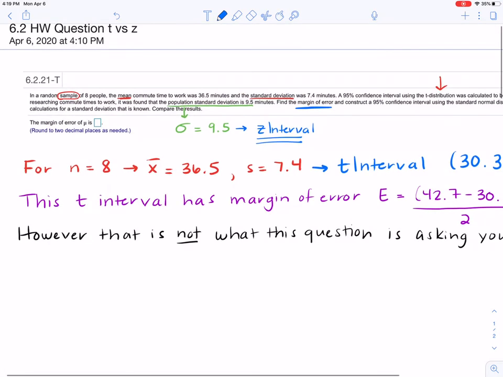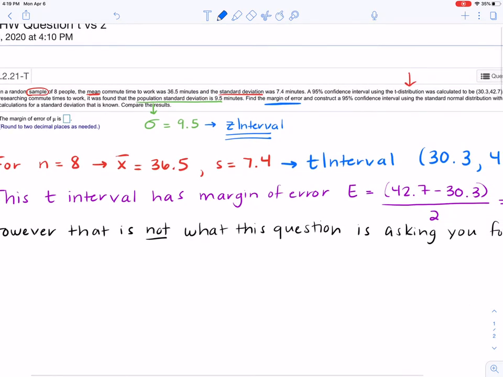Right? So notice it, and you can see from the instructions too, it says construct a 95% interval. It means get a new confidence interval using the standard normal distribution. That's because you now know the value of sigma.